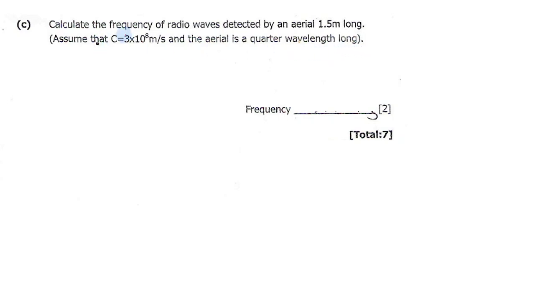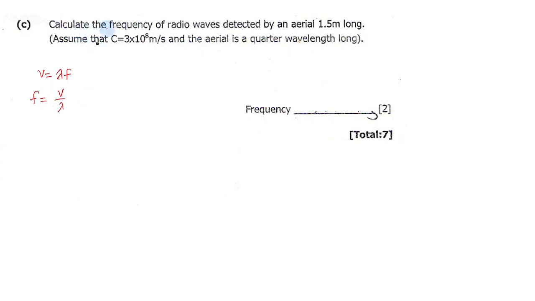So they are saying we're calculating the frequency. We know speed is equal to wavelength times frequency, so we are looking for frequency. They've given us the speed. So we make frequency the subject of the formula. Frequency is going to be speed divided by wavelength.